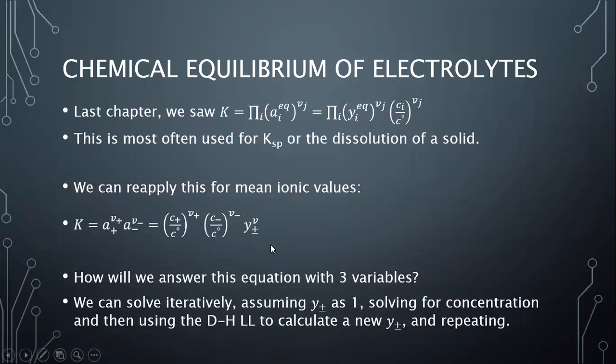So we're going to start by assuming, well, in order to find the activity coefficient, we need to know the concentration. But in order to find this concentration, we need this activity coefficient. So we're going to solve this first one time, assuming the activity coefficient is 1, and then find our concentrations.